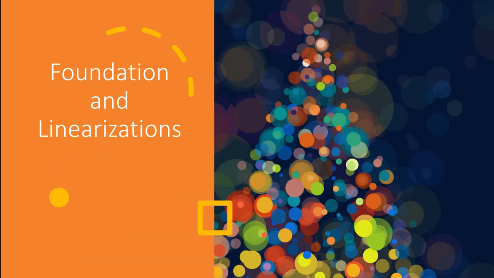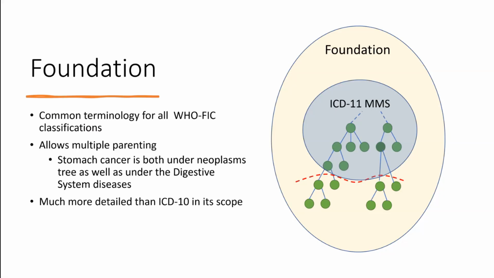Actually, for those who get access to the API, you will see there's also a foundation in every release of the classification. But having said that, I will explain a little bit what the foundation is for those who haven't seen this, and how linearizations, or the actual classification with codes, relate to that.